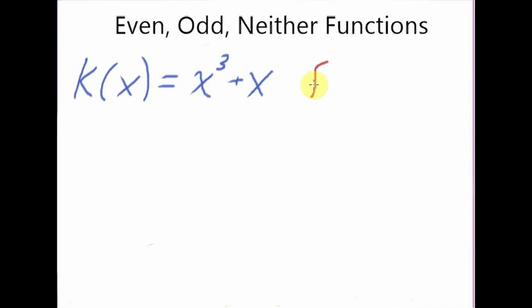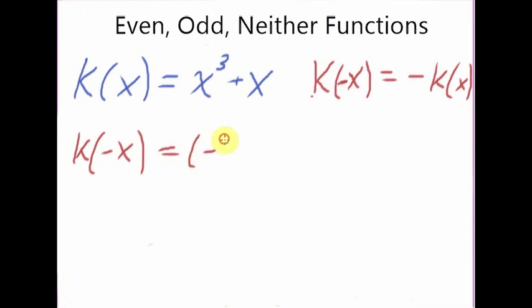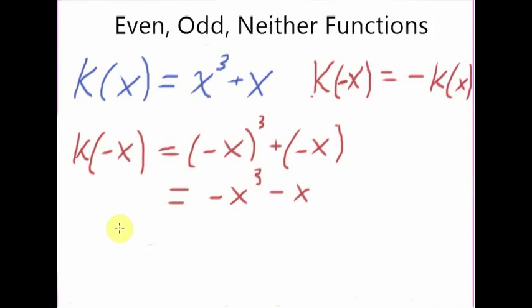To see if a function is odd, we need to see if f of negative x is equal to negative f of x. Here we have k of x, which is equal to x cubed plus x. First we have k of negative x, which is negative x cubed plus a negative x, which is negative x cubed minus x.